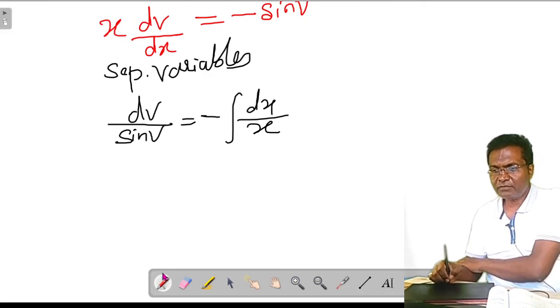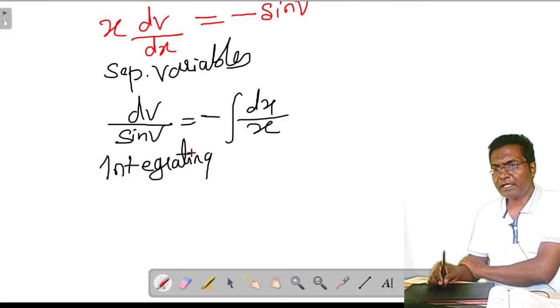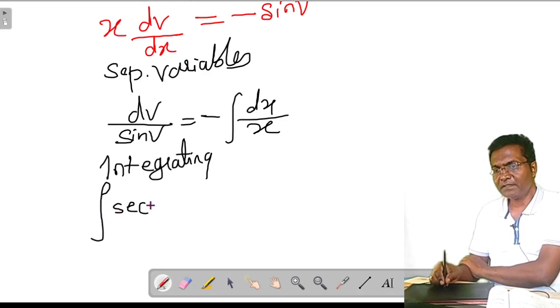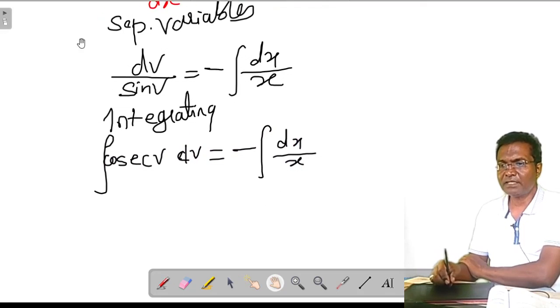So integrate now. Integrating, 1 by sine I can write as cosec v, so integral of cosec v dv equals minus dx by x. 1 by sine I have written as cosec.